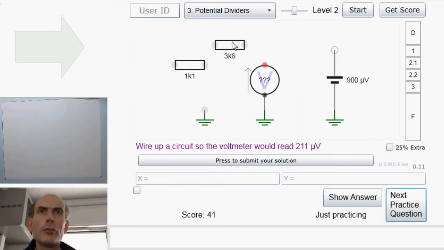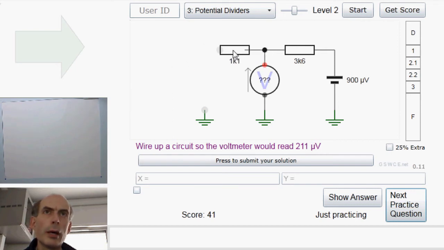So we'll need the bigger resistor on this side, so we can get from 900 down to somewhere below halfway, and then only 200 microvolts will go through that resistor down there to ground. So with this, the bigger resistor, this will have the bigger voltage drop. That point there will be below halfway, and that's what we want. That should do.